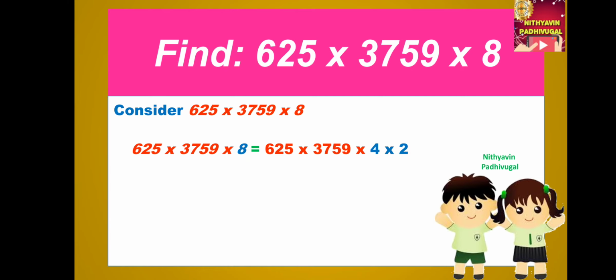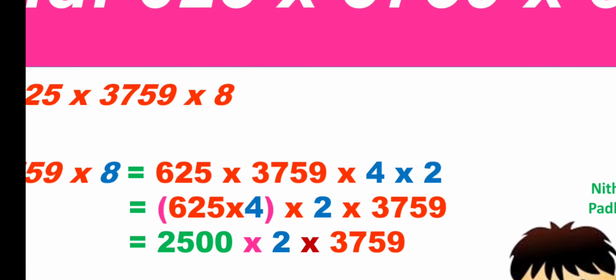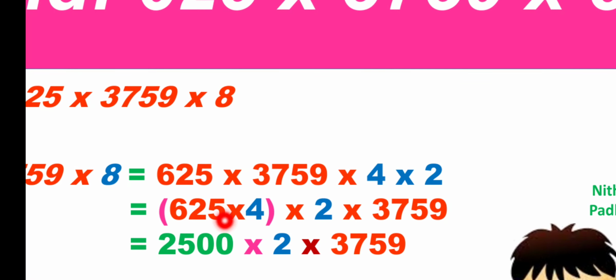Now 625, which means 625 multiplied by 4 multiplied by 2 multiplied by 3759. So already we saw a number ending with 5 multiplied by 4, right? So in the same way we are going to do this. 625 into 4 is equal to 2500 because 4 into 5 is equal to 20.